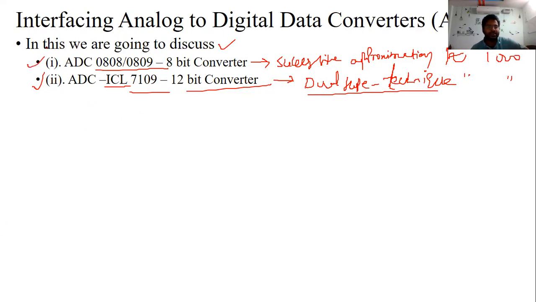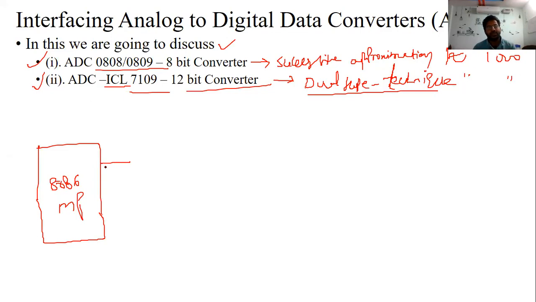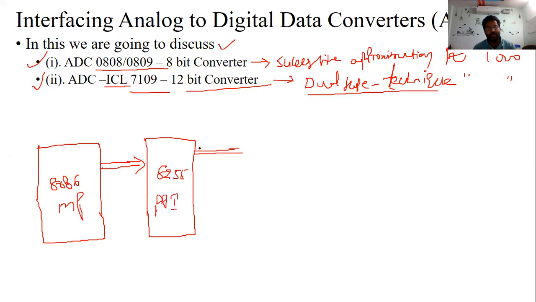Okay, now we are going to discuss the ADC 0808. What is the basic structure of this ADC, and how do we interface it? See this, this is the 8086 microprocessor. In this microprocessor, we are going to interface the 8255 PPI. To the 8255 PPI, we are going to add an input device.